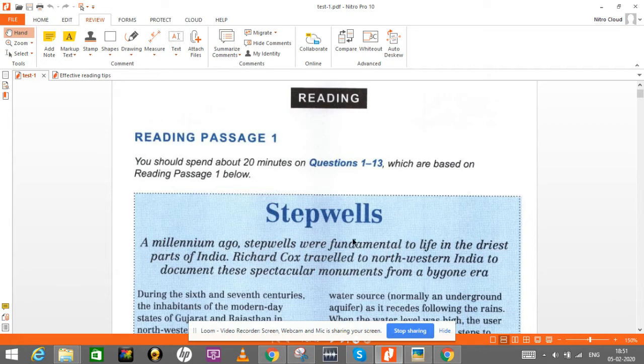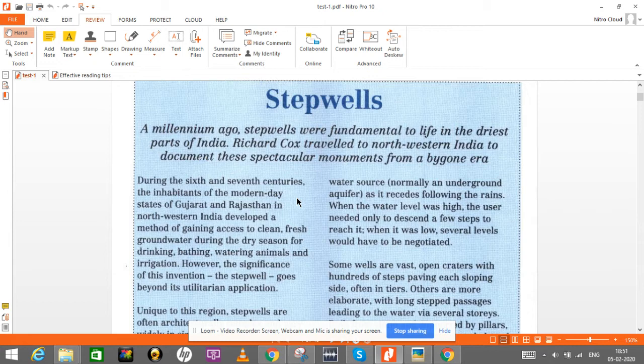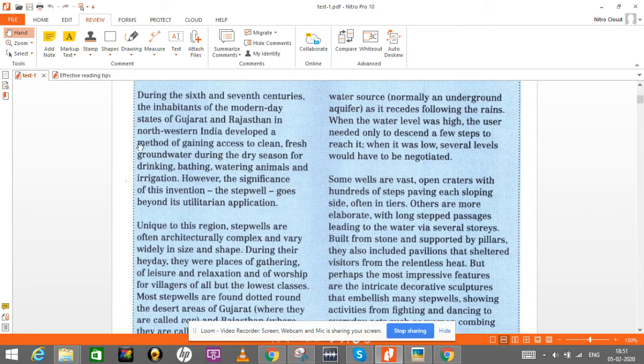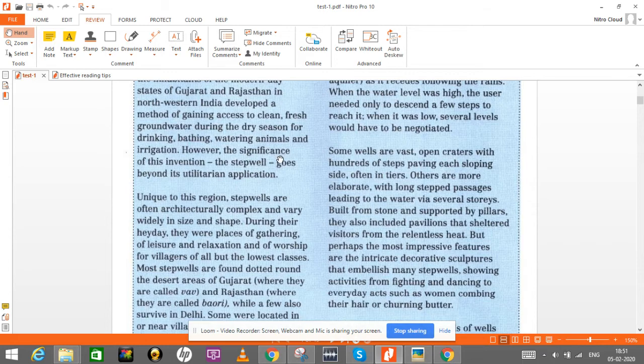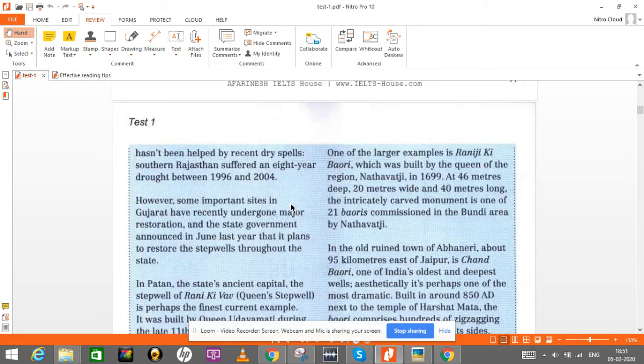So what strategy should you apply here? Suppose you begin with this paragraph, I would come up with two strategies, or maybe, yeah. So you see this Step Wells passage, and here you do not have any demarcations or any labeling of the paragraphs. These are all descriptive information, all abstract information you have here.